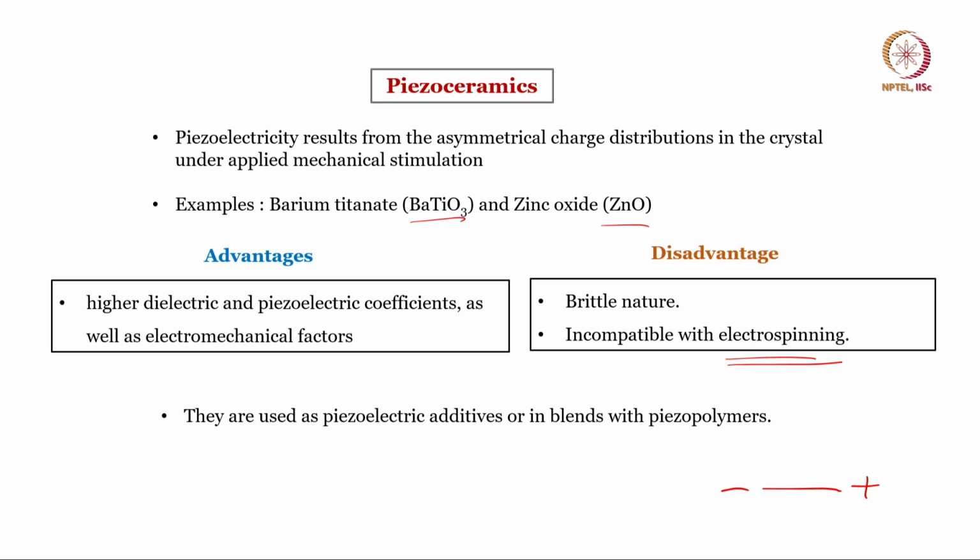So that is why these piezoceramic materials are always used as additives or as blends along with the piezopolymers during applications, because making blends or using them as additives helps in improving the mechanical property of the final material.